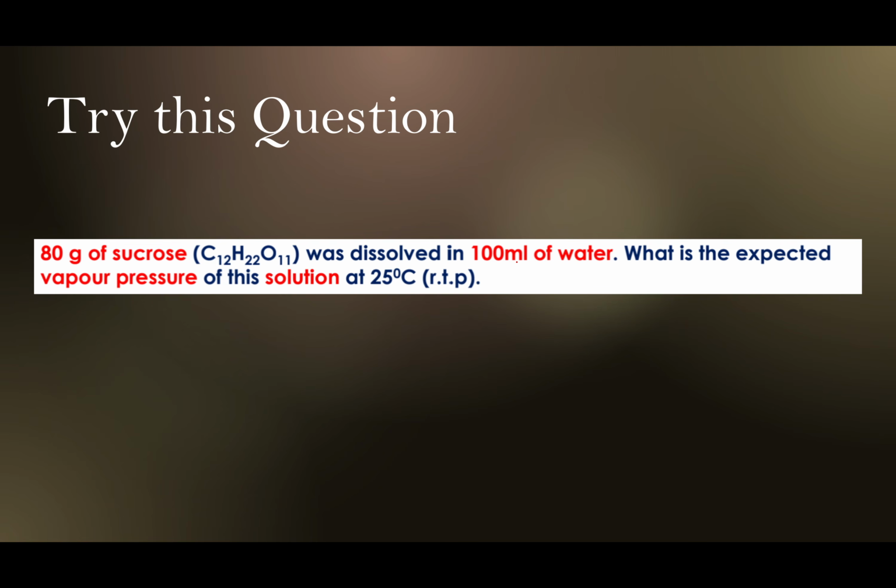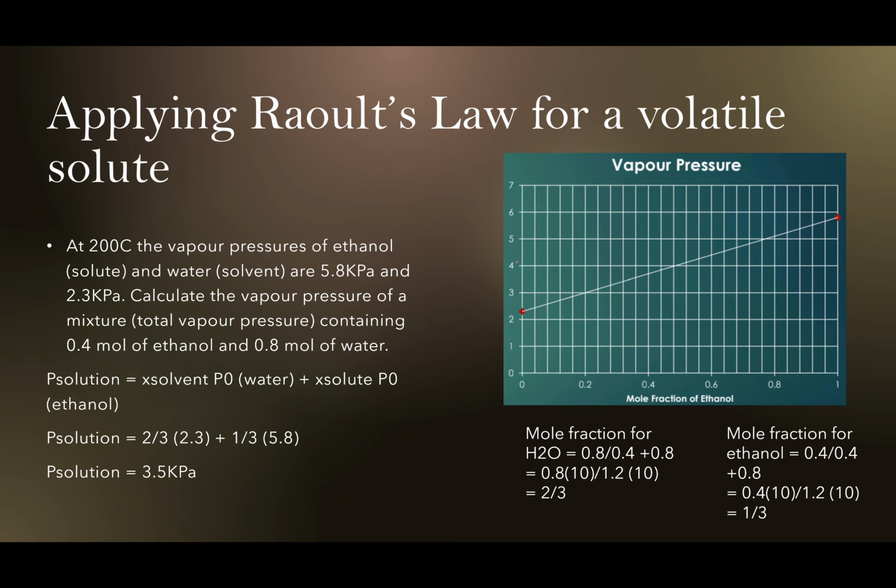So you can have a go at that, but let's continue trying to understand the concept here. I think understanding the concept is a little bit better when we apply Raoult's law to see how this thing works, and after you see how it works, it will make a little bit more sense. So let's look at this graph here with ethanol.